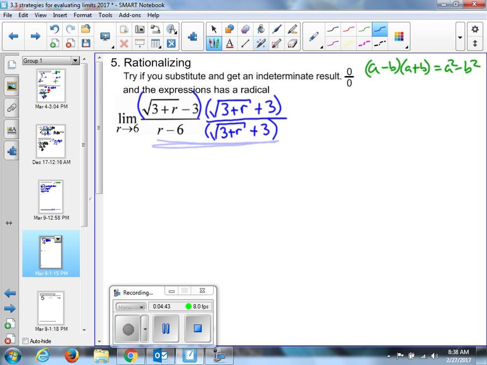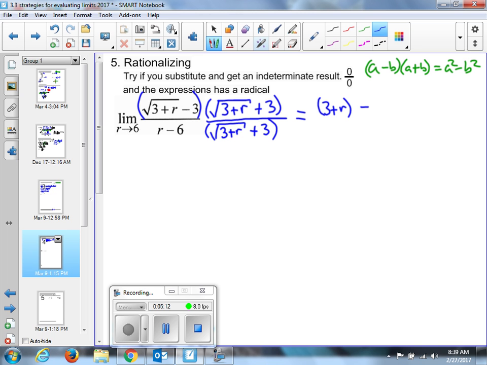So, knowing that you created a difference of squares, what does the top turn into? Well, it turns into the radical times itself, right? So it's just the inside of the radical. Root times root is what's underneath: 3 plus r. I'm going to put this in brackets. It doesn't really matter here, but it does matter if it was the second thing, and people are bound to make an error if they don't get into that habit.